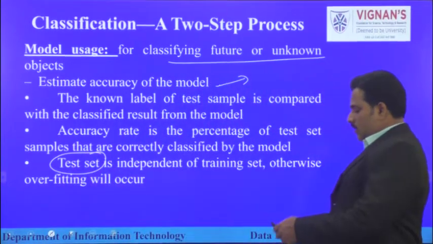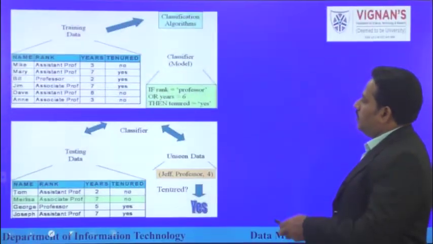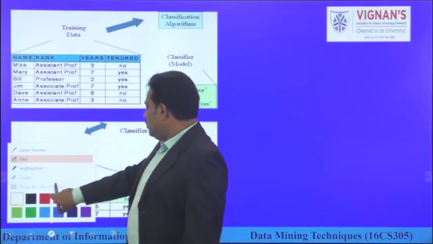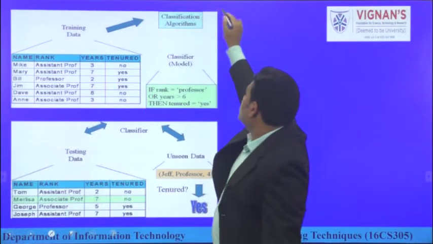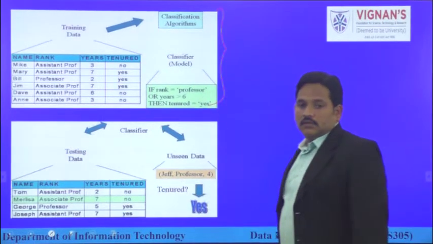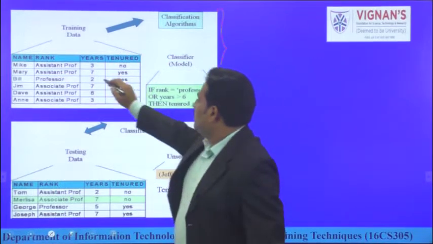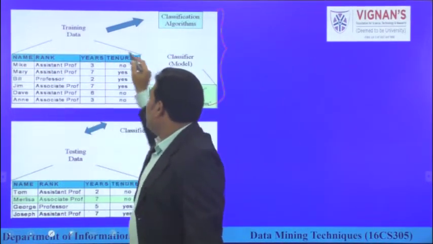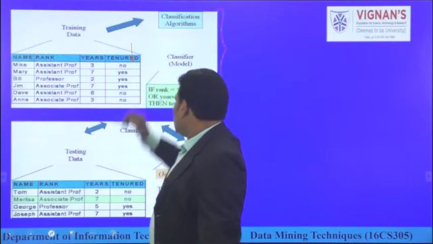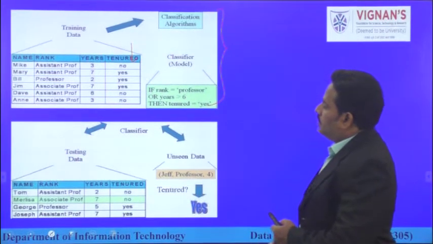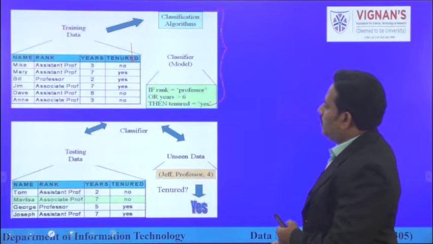Now we'll see what this test and training set is. Look carefully at this diagram here. In the first diagram, this portion indicates model construction. Here we have the labeled data. If you look carefully, the last column is the label. Here we have the name of the person or faculty, experience and tenure.